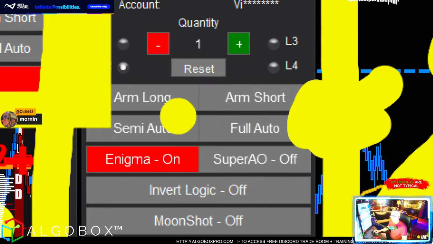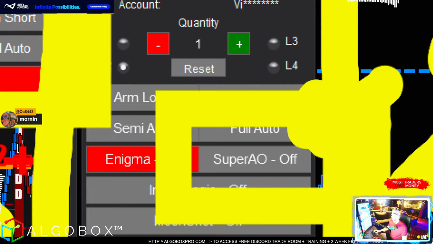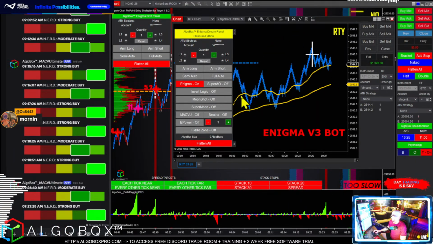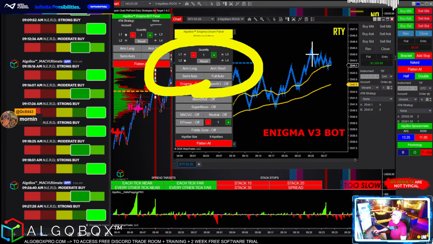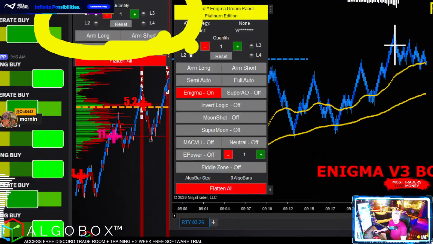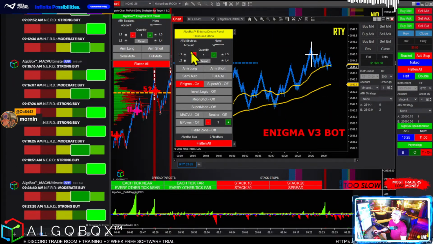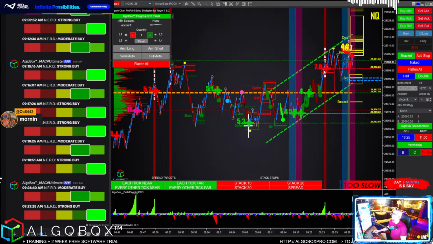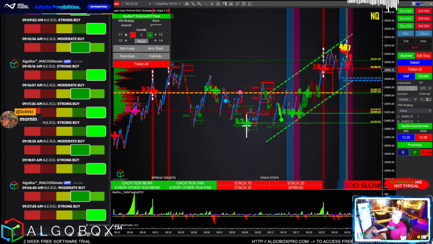This one is overlooked probably because I don't talk about it too often. But literally, you can turn on Super AO to take the next play on Super AO or Enigmas on the Platinum Dream panel there. And of course, L1 through L4. You have that same capacity over here on the standard Enigma bot. That will still be included for the gold pack, but the Platinum edition will be back in the box. We gave it enough notoriety. The market on open imbalance data. Okay, that's a nice Enigma. I'd like to take that one.